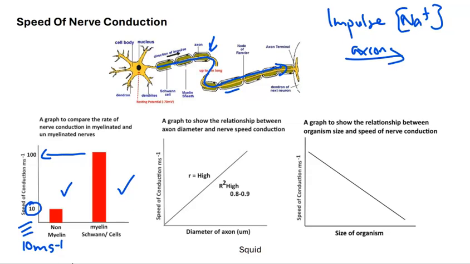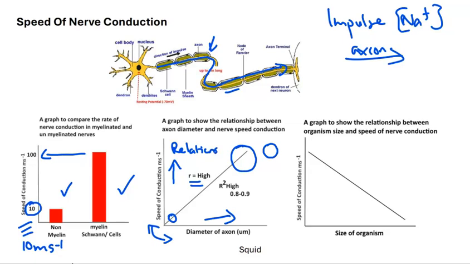Other relationships to velocities which can be found: if we take the diameter of the cross-section of an axon and plot that on the x-axis, and we measure the speed of conduction down those nerve cells, so down here we've got small diameters, up here we have larger diameters, then we find that there's a high correlation coefficient between these two variables, so a strong relationship.